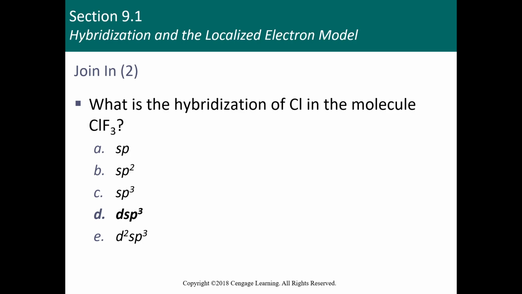And so that is 3 plus 2, which is 5. And so 5 would be d is 1, s is another, and then you have 3 p's. So 5 directions, 5 orbitals making bonds. That would give you your dsp3 hybridization.